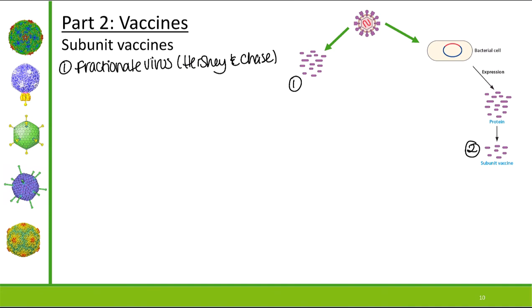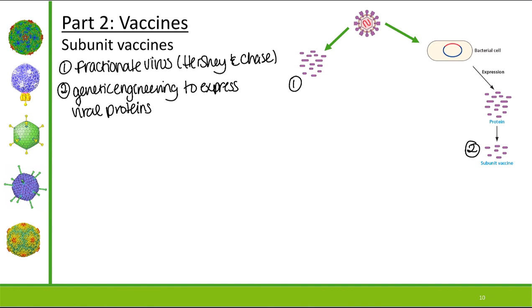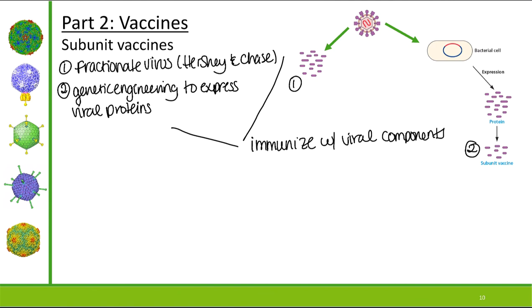The second way that we can do this is genetic engineering, and this genetic engineering is to express the viral proteins. For both of these methods, what you do is you immunize with the viral components and not with an intact virus.